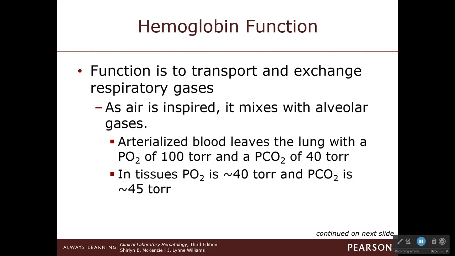Then on this side of our curve, we have the partial pressure of O2 in millimeters mercury. And it also goes 20, 40, 60, 80, and 100. Because that's about all we need.